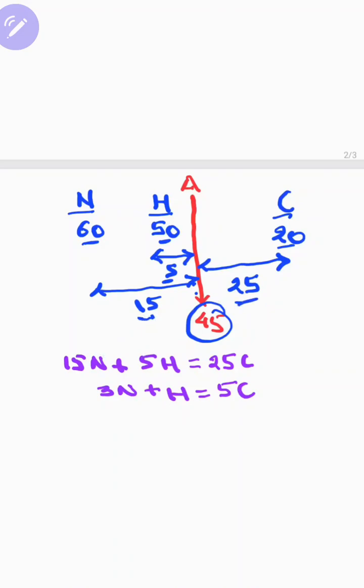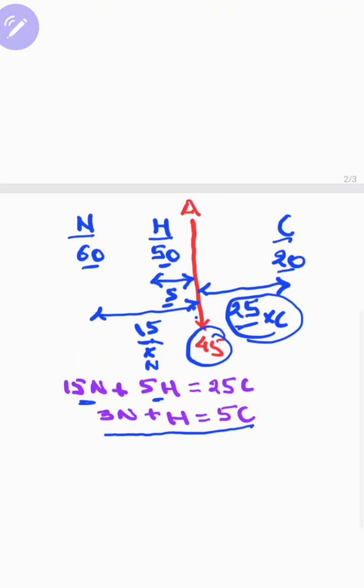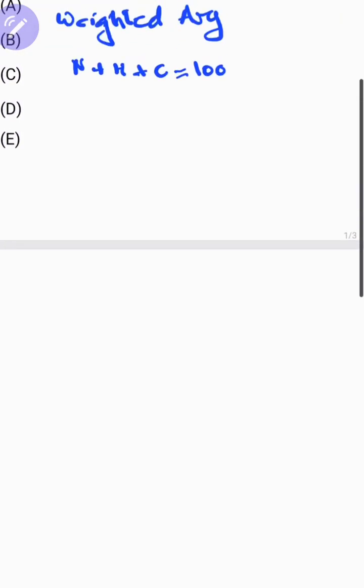So we can say 15 into N plus 5H is equal to 25 into C. Dividing the entire equation by 5, we get 3N plus H is equal to 5C. Now, the second equation which we have got is 3N plus H is equal to 5C.